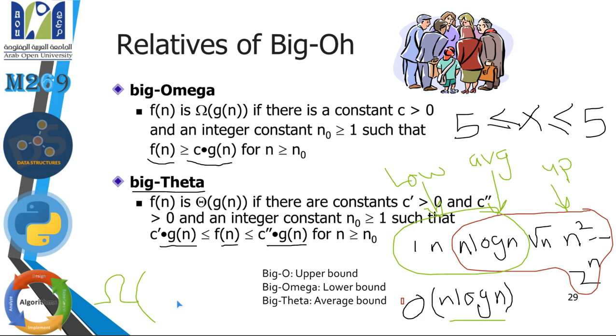It will be, as Safa said, n. It will be n. And the theta is the average. N log n, yes. N log n.